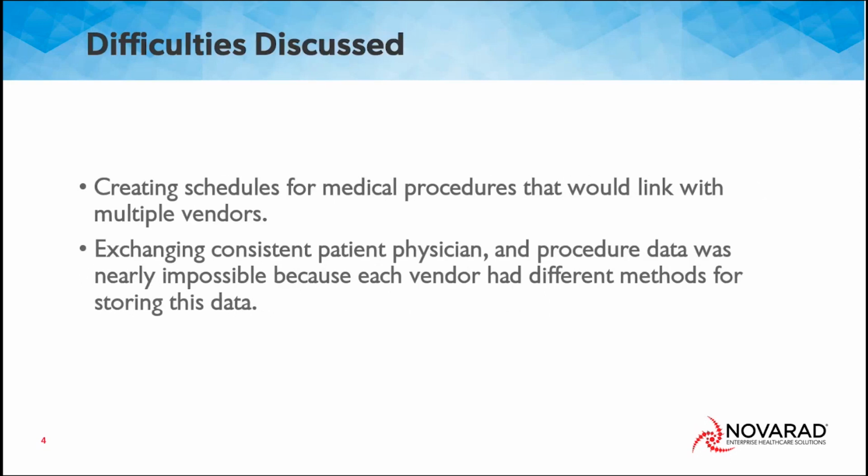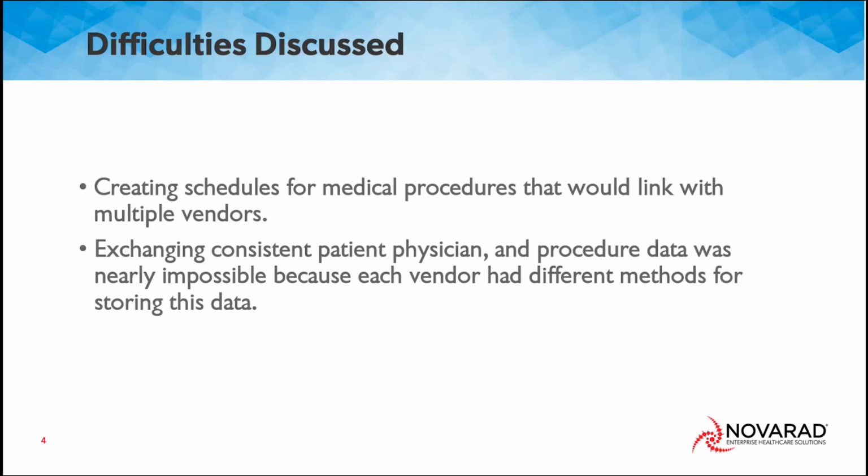They found that creating schedules for medical procedures that would link with multiple vendors was almost impossible. Exchanging consistent patient information and procedure data was nearly impossible because each vendor had different methods for storing its data. For example, Hospital A may save their patient IDs as A00123, and Hospital B might save theirs as 12345, and the two just don't match up.